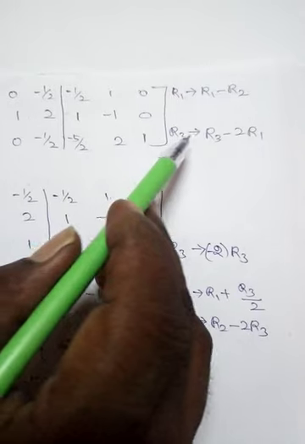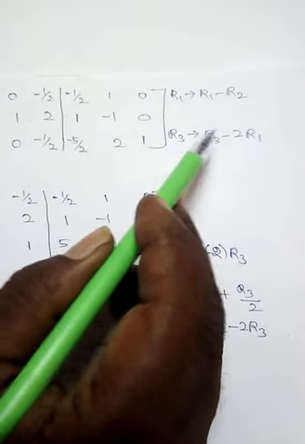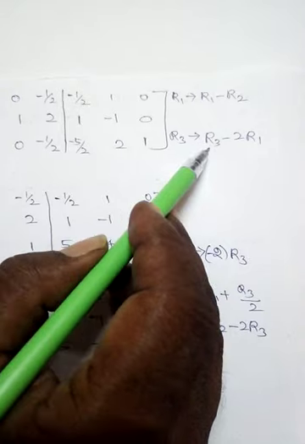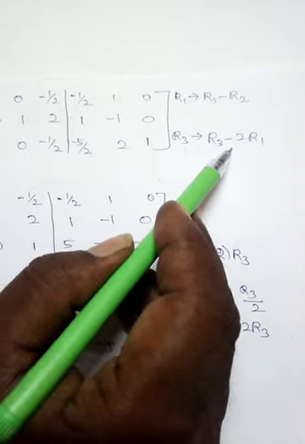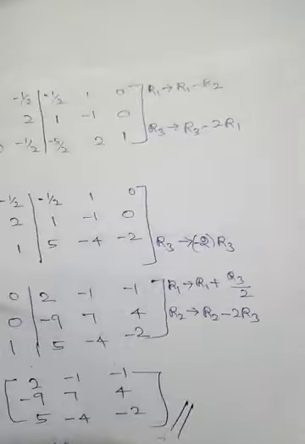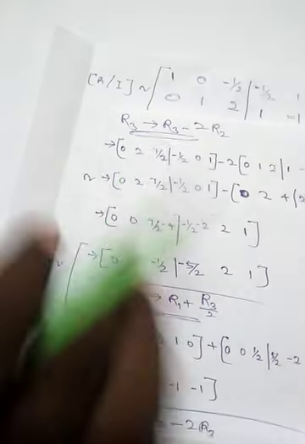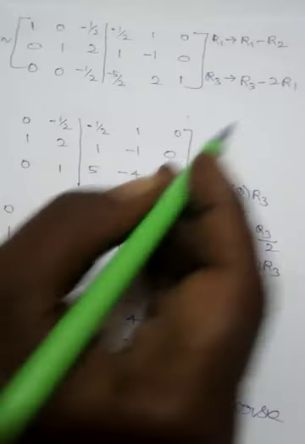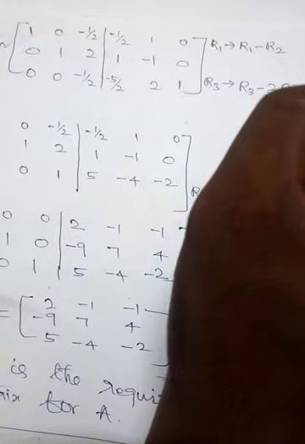Go to the third row, which will be R3 minus 2R1. Keep R3 as it is and then minus 2 into R1. Sorry, this is 2 into R2.